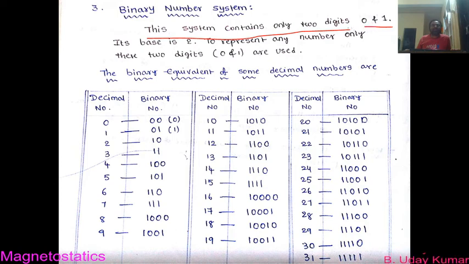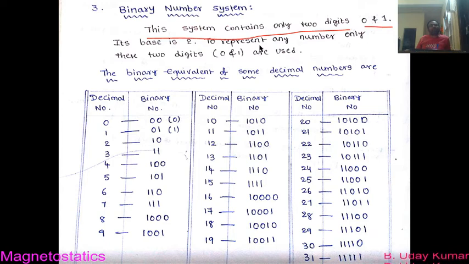And since the binary number system has only two basic symbols, 0 and 1, its base becomes 2. This is also known to you because we discussed it in our last video.